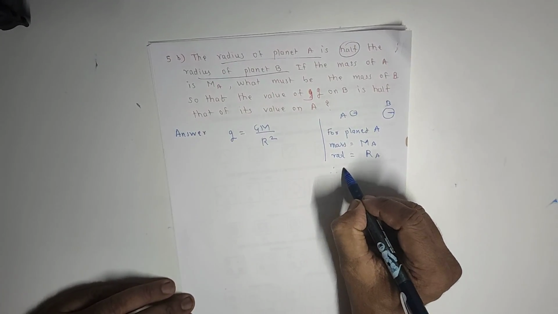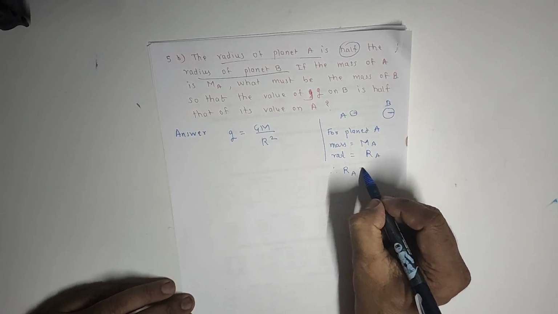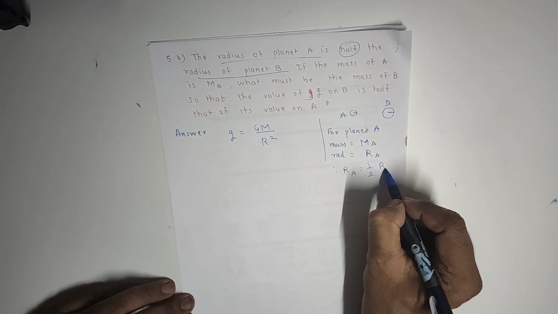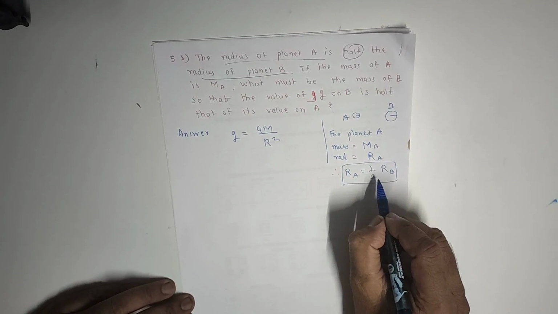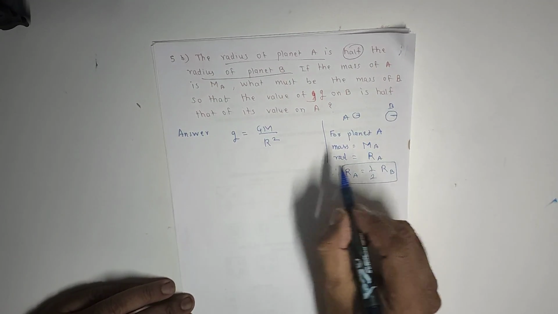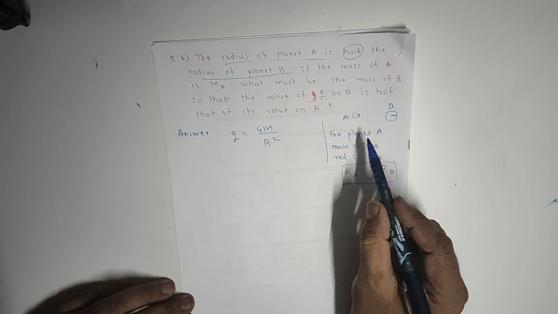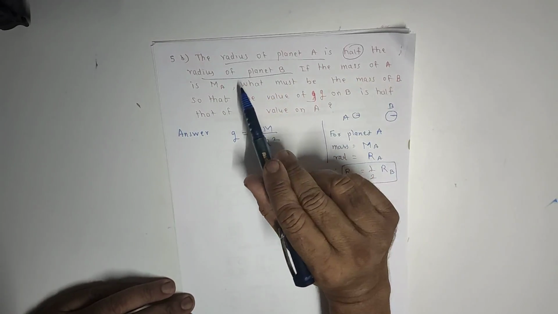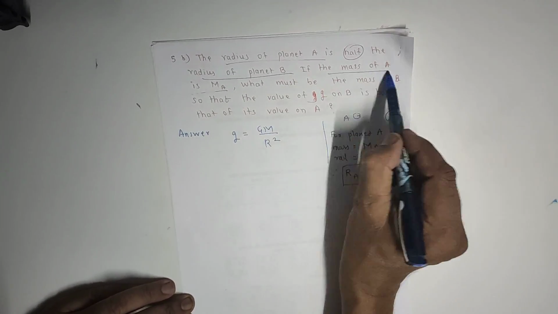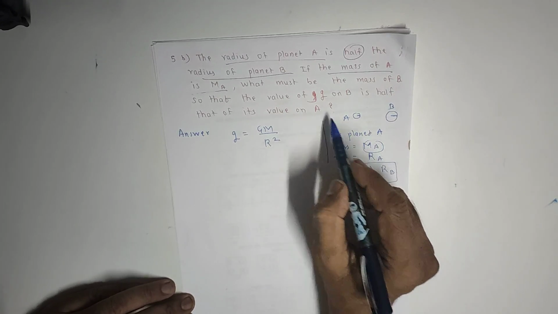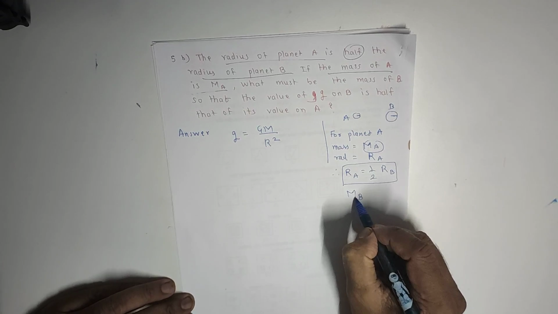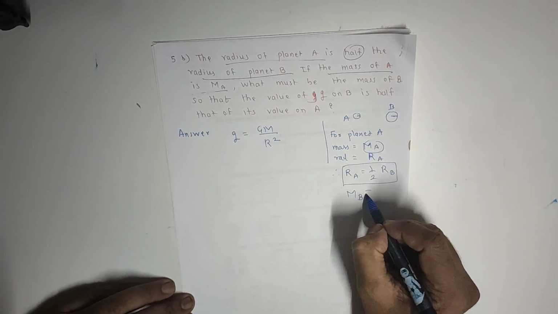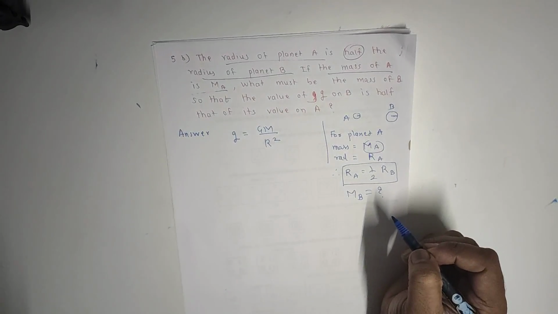Therefore, from this we say that RA is half the radius of planet B, and we use this expression in this example. If the mass of A is MA, what must be the mass of B, means what is MB. So that we want to find MB.